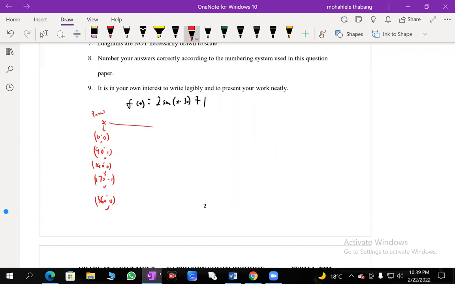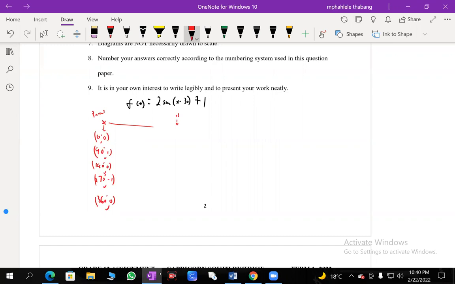So this is our new graph. What's happening to the values of x? Look at the x values. There is a shift. Shift where? The values of x are shifting to the right.